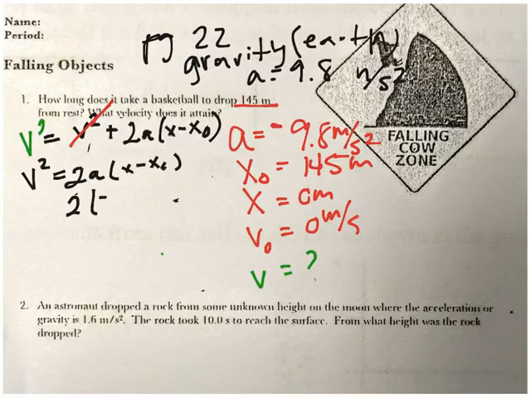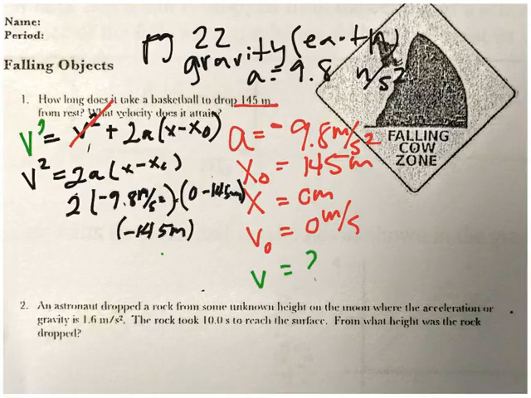So we have 2, negative 9.8 meters per second squared. Then you're going to get your meters, which is 0 minus 145 meters. So you're going to get negative 145 meters. 2 times negative 9.8 gives you a negative 19.6.